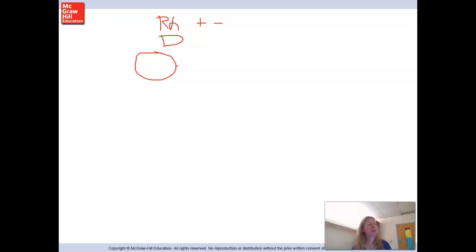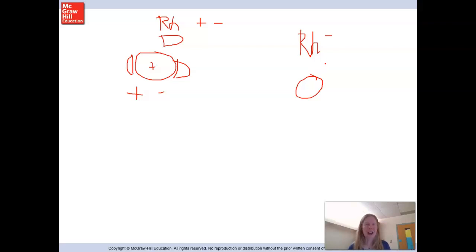Right? So if you think about this person, if they have that antigen on the surface of their red blood cell, right, this would be Rh positive or D positive. They would not make antibodies against it, right? And so you can give someone who is positive either positive or negative blood, but someone who is Rh negative, wow, right?